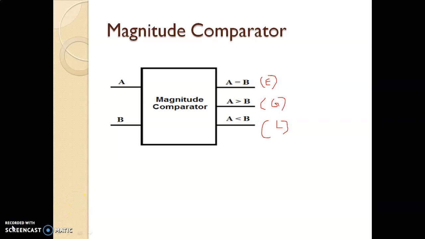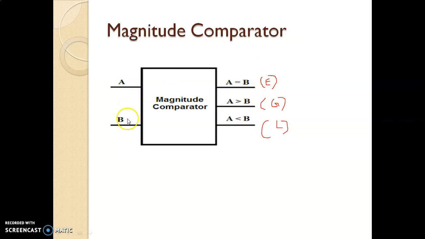In this circuit, only one pin will be high at a time, because it is obvious that when you provide two inputs A and B, they cannot be equal and greater at the same time, isn't it?